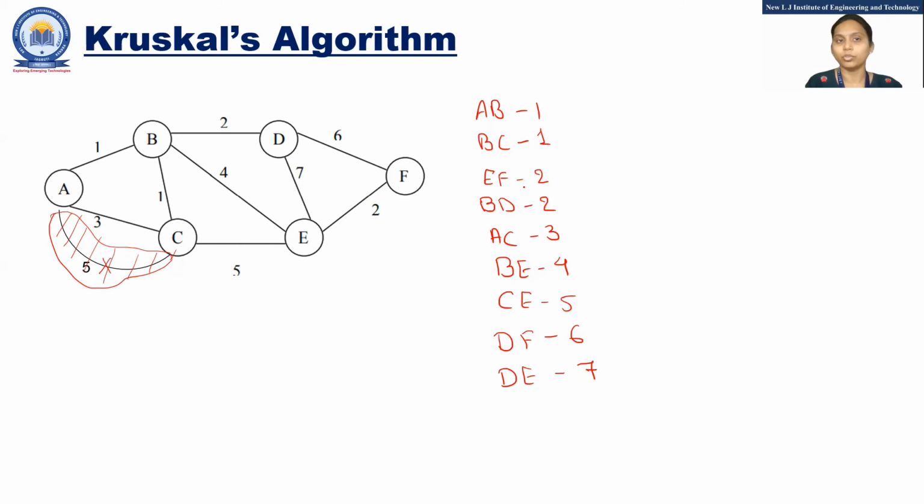Fine. Now Kruskal says you start with the smallest edge. Your AB weight is 1, BC weight is 1. So let me draw the nodes.